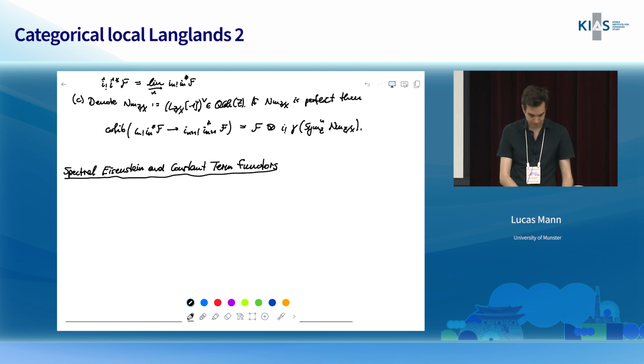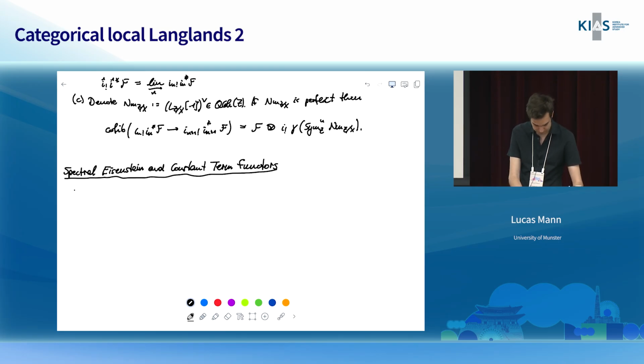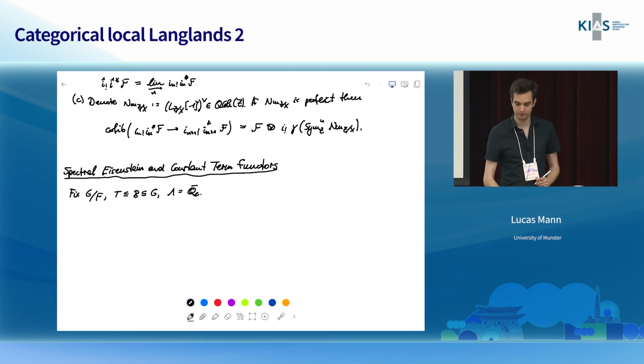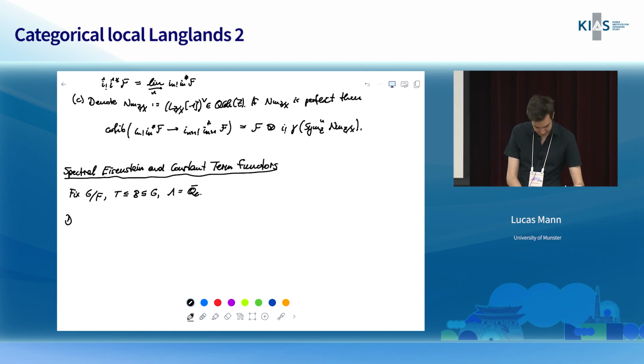Okay. So we fix G as before. And I also fix some maximal torus, some Borel. And from now on, I'll stick with Lambda being Q_l bar. So what are the Eisenstein functors?